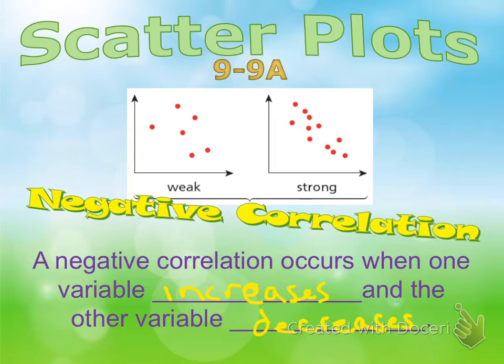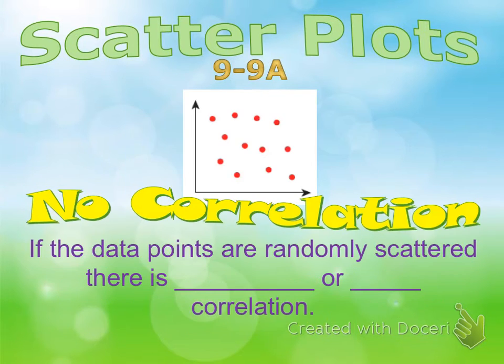Notice though, you've got that negative slope going down. Same with the weak and the strong. Both of them, as you go over, they're going down. But sometimes you might get something and there is no correlation at all. Now, if the data points are randomly scattered, there is little or no correlation.